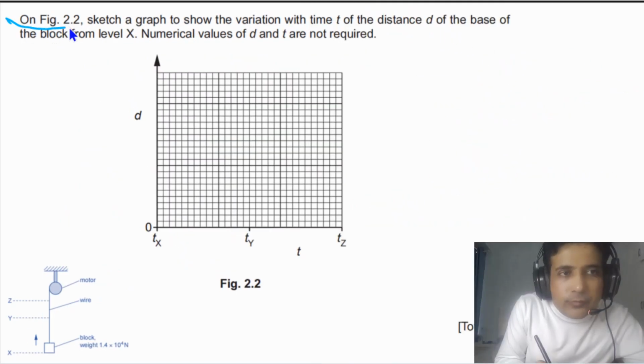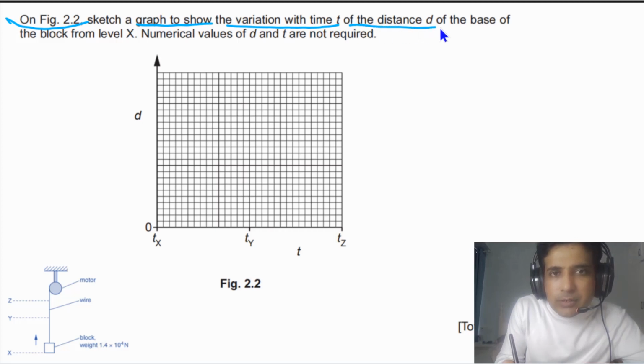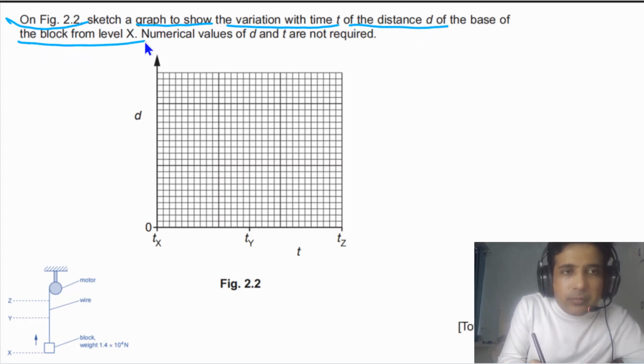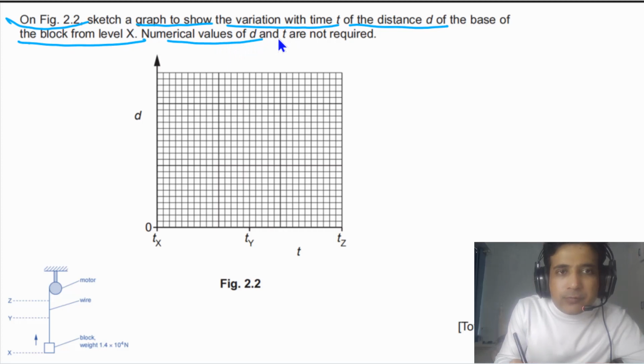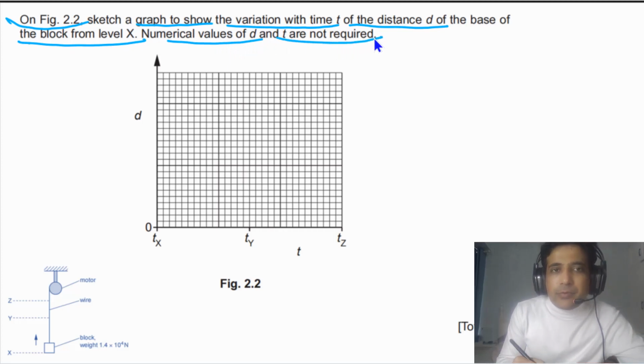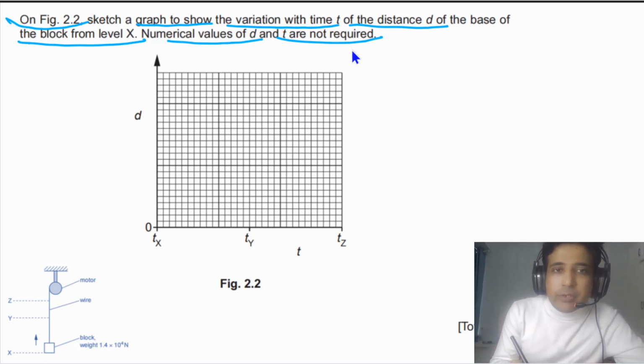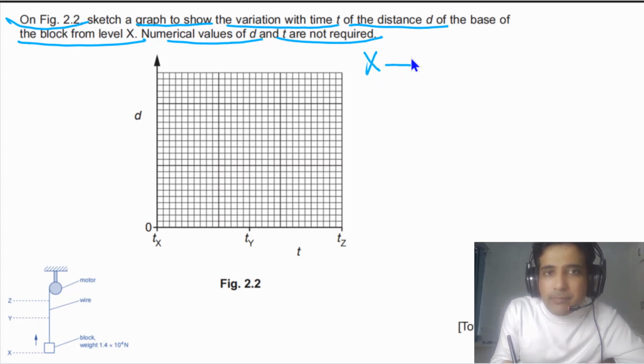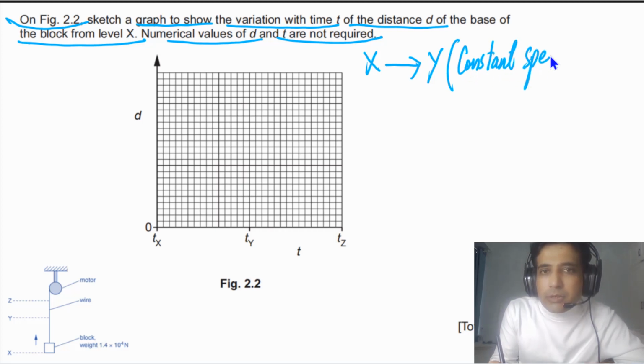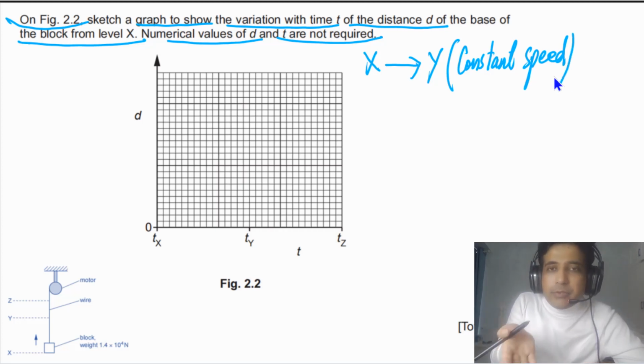For the last part, on figure 2.2, we need to sketch a graph to show the variation with time t of the distance d of the base of the block from level x. Numerical values of d and t are not required. So in order to answer this question, we need to understand the motion of the block between x to y and y to z. We have already discussed that between x and y, the block has constant speed, or you can say constant velocity, because the block is just moving in a straight line, upwards.